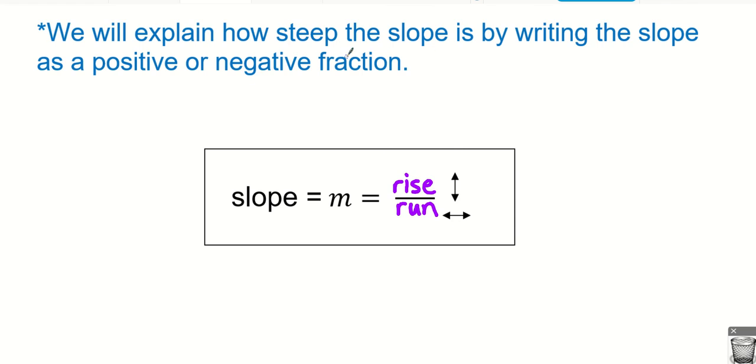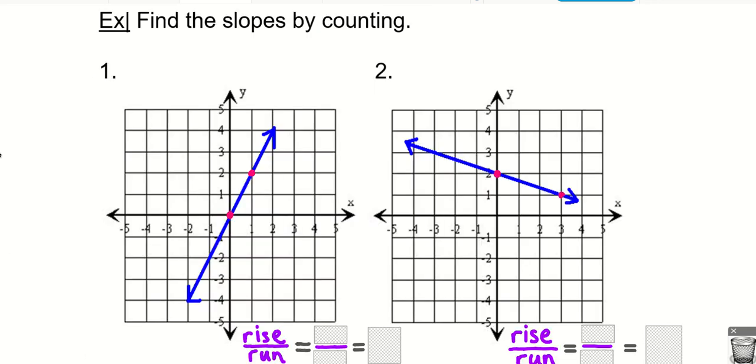Because a fraction is a comparison, a ratio, slope is going to be rise over run. It's very important you get that correct because it's not the other way around. It's rise over run: how much you move up or down in the numerator, and how much you move to the right or left in the denominator. So, rise over run.